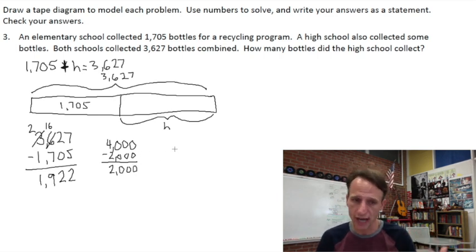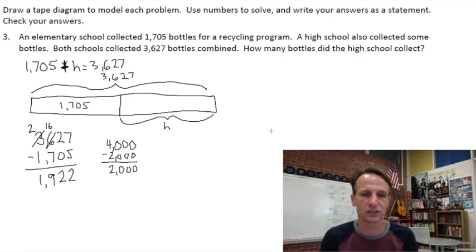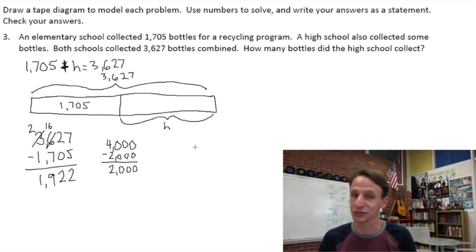The true check, though, is where we take the difference, the 1,922 here, and add it to the subtrahend of 1,705, and we should get the minuend, that first number. And I've noticed a tendency among students when doing a subtraction check just to automatically write what the answer should be rather than doing the actual addition.